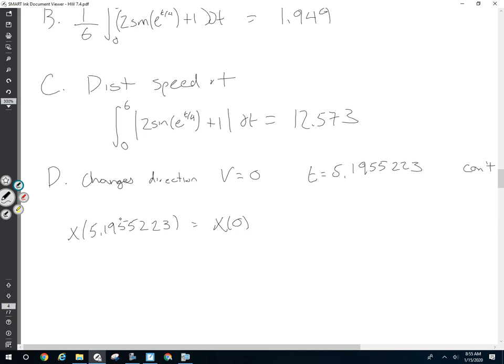My ending unknown position equals a starting known position plus my displacement. We know displacement is area under your velocity curve.